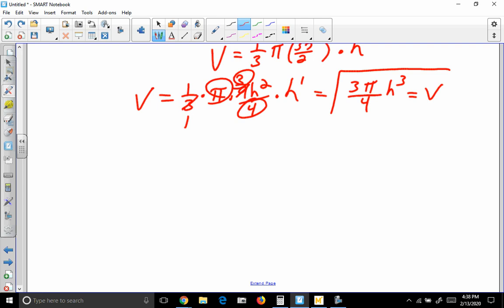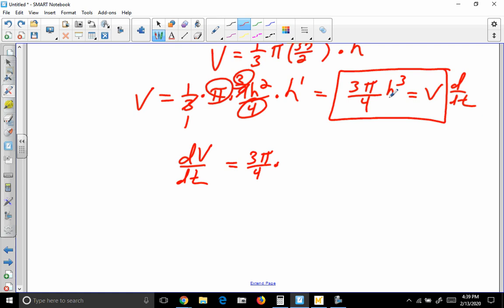So now that we have an equation that relates volume to height, we can relate their rates of change. If we take the derivative with respect to time, the derivative of volume with respect to time is dV/dt. On the other side, 3 pi over 4 is a constant. That's our coefficient. And for the derivative of h cubed with respect to time, notice our variables don't match, so we have to do the chain rule.